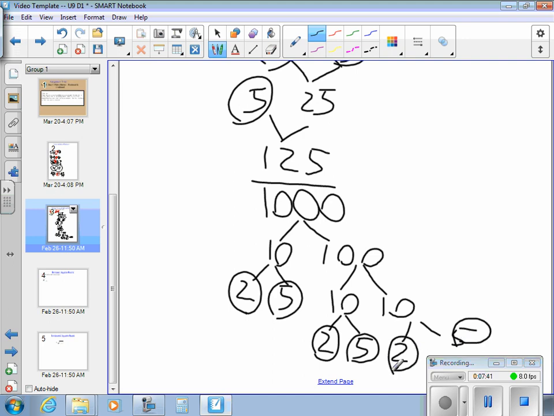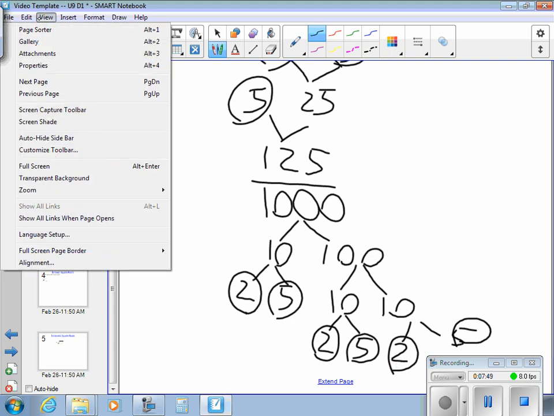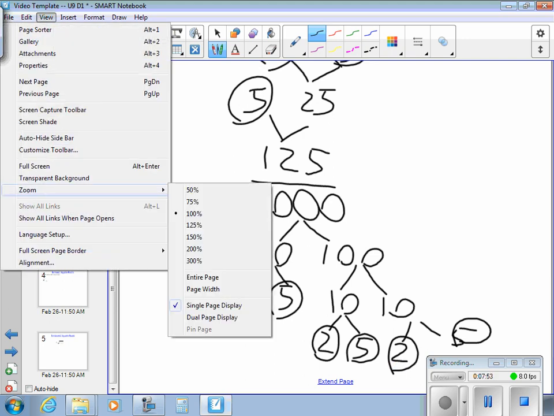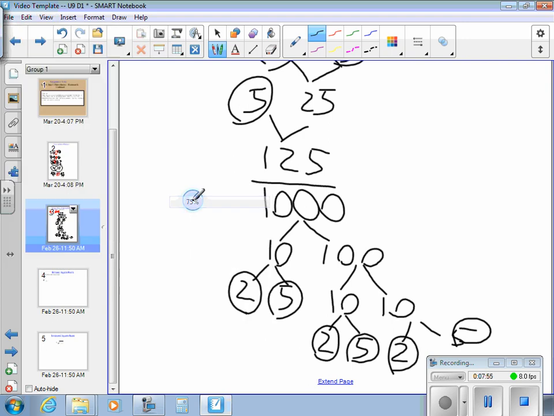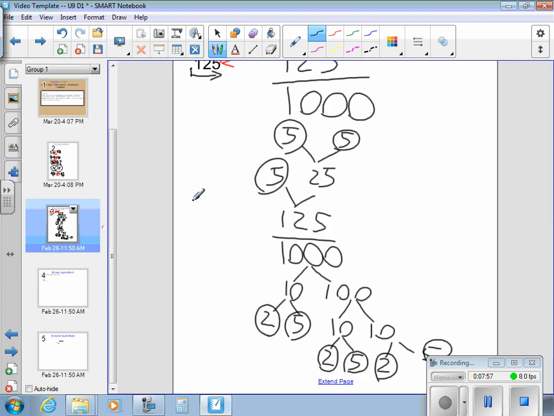Okay, so now I need to take care of canceling, and this is going to be just a little bit of fun. Let's see if I can shrink it a little bit. That might be helpful. Let's zoom to 75%, so that hopefully we can see the whole thing all at the same time.